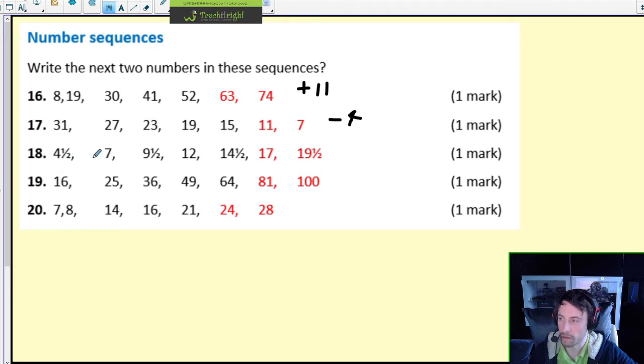We have 4.5, 7, 9.5, 12, 14.5, 17, 19.5. So next up, we tried 2.5, but that's not what matters. Instead, what are we adding each time? Of course, the answer is we're adding 2.5, whichever you prefer.